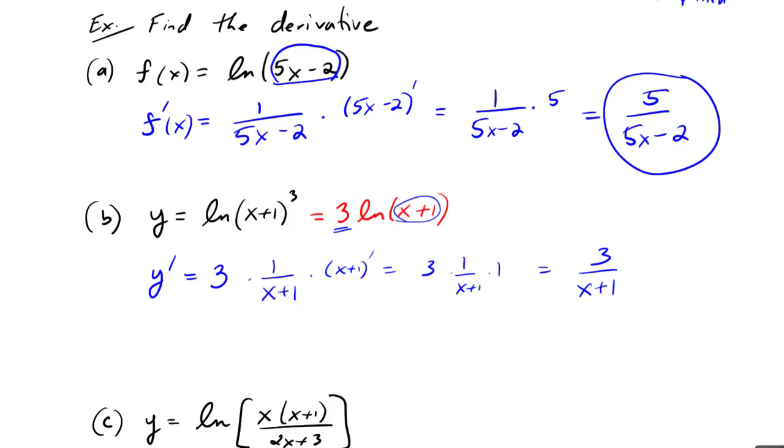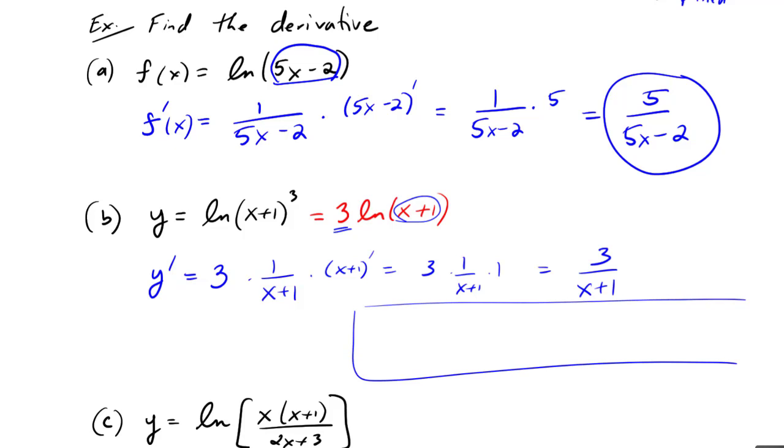Now notice, in a little side space here, if I did the derivative as ln of x plus 1 cubed, I could have said it's 1 over x plus 1 cubed times the derivative of x plus 1 cubed.